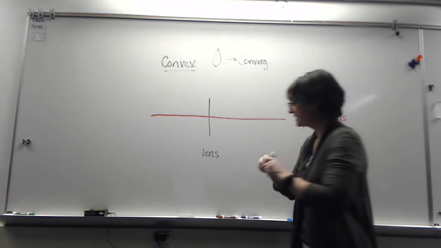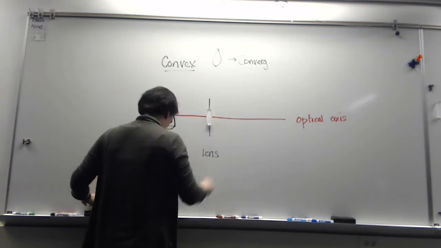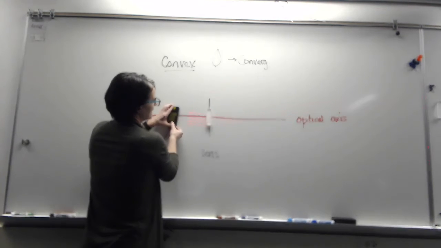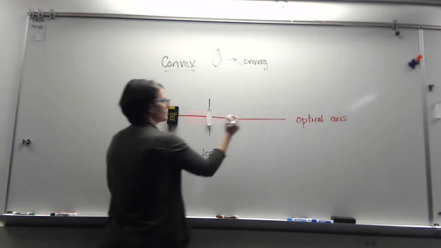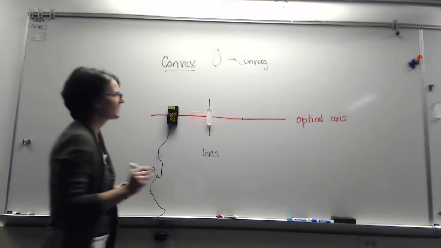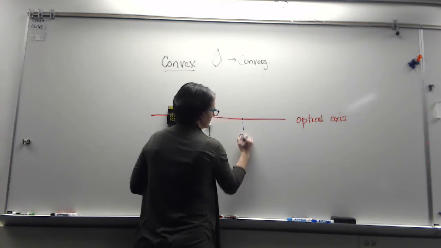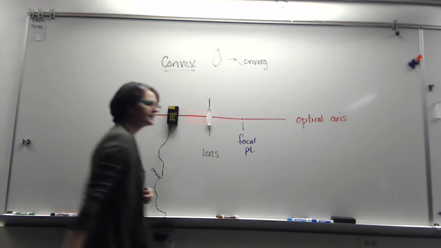Okay, and I'm going to use my lens here that we were using before to give us a gauge of that convergence point. This might be more difficult to see with the lights on, but all of the light rays are converging at this point that I've drawn here. This is what we call the focal point.